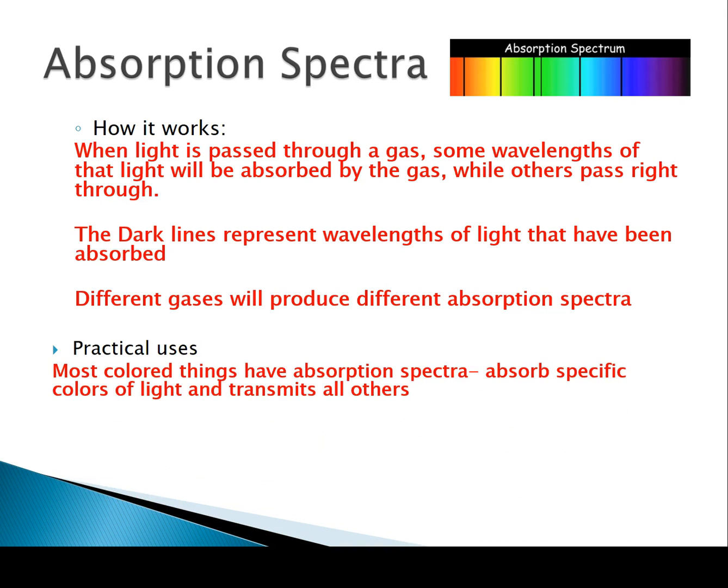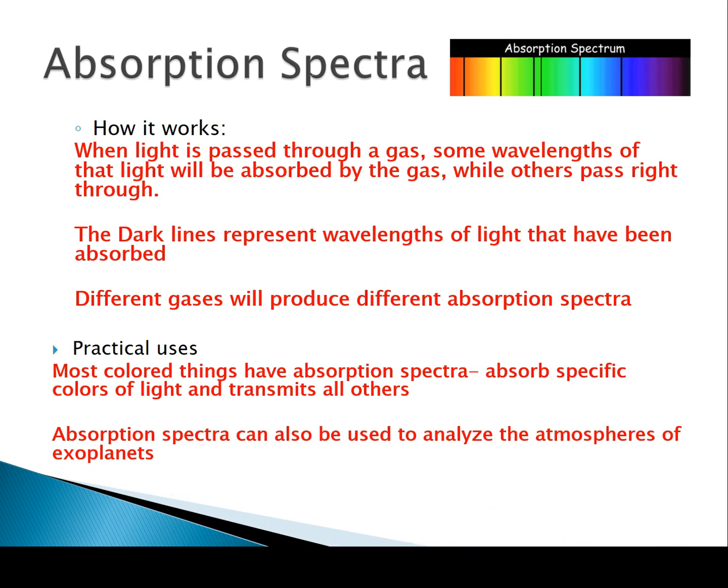Now most colored things will have an absorption spectra. They'll absorb specific colors of light and transmit others. For example, leaves and grass are green, right, because they will absorb all the other wavelengths of light, but they reflect green. Another really good use is analyzing the atmospheres of exoplanets. So exoplanets are planets that orbit stars other than the sun.